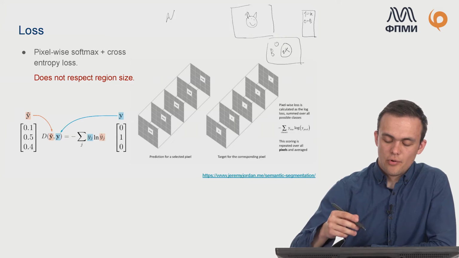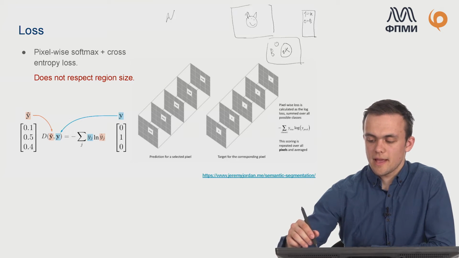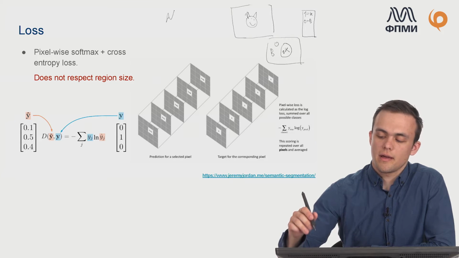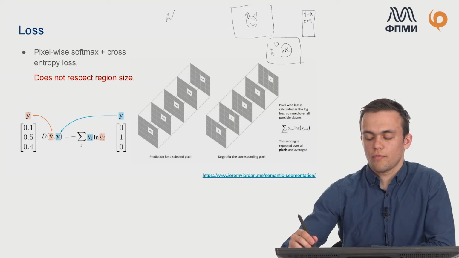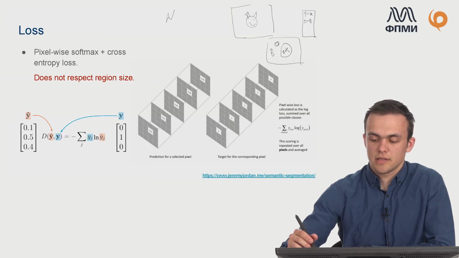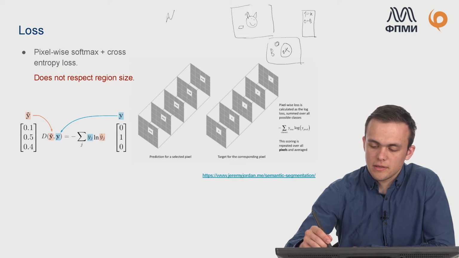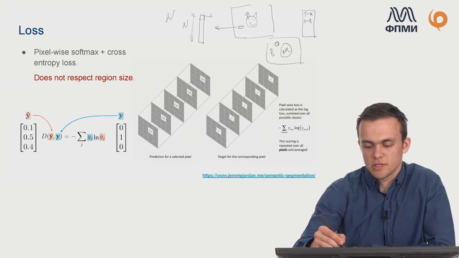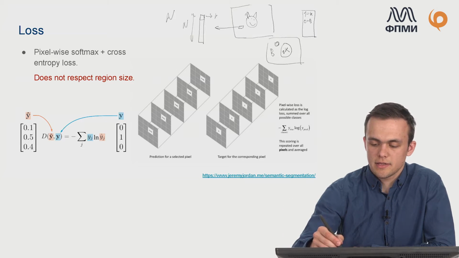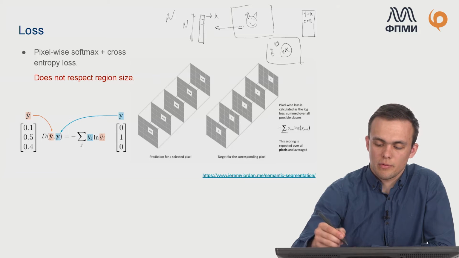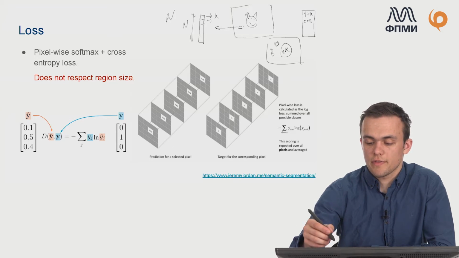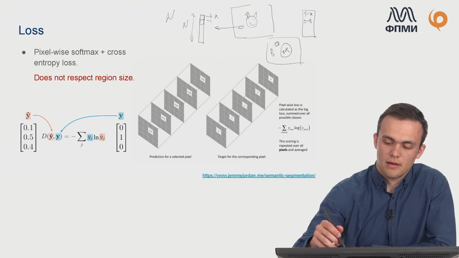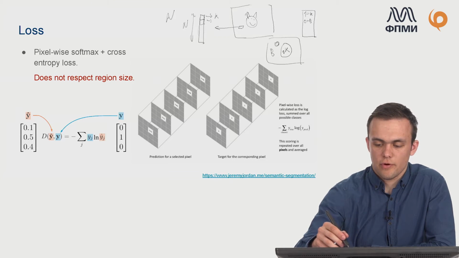And the neural network will predict a map that gives the probability of each class in each pixel. So for this particular pixel, you output a vector of size n. Here will be the probability of the first class, let it be kitten, here the probability or confidence of the network for the second class, and you obtain this vector for every pixel.